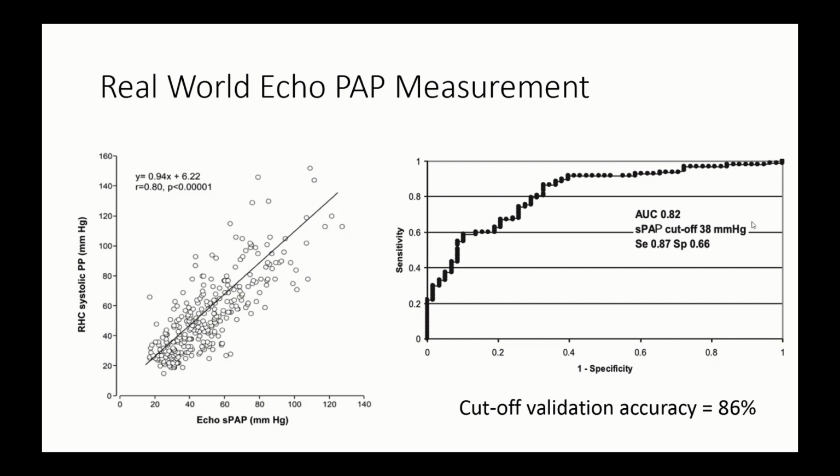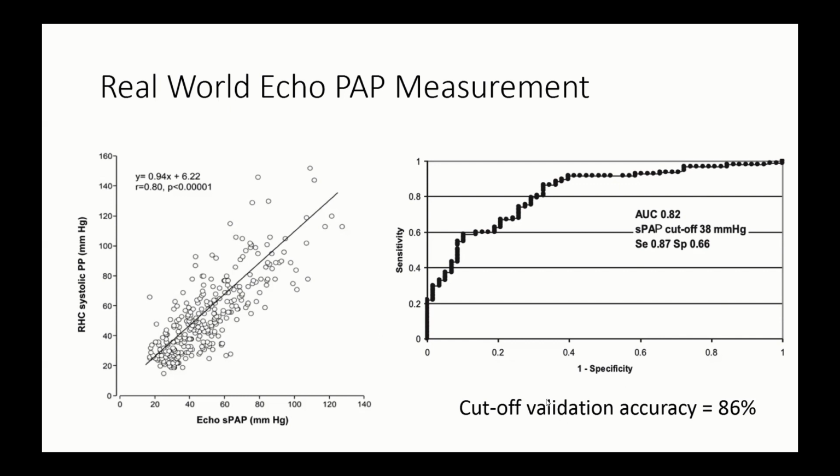They managed to create an ROC curve with a cutoff value of 38 millimeters of mercury and an area under the ROC curve of 0.82, which is not bad, meaning that using a cutoff value of 38 millimeters of mercury on an echo was reasonable in differentiating those who had pulmonary hypertension and those who didn't have pulmonary hypertension by right heart cath direct measurements.